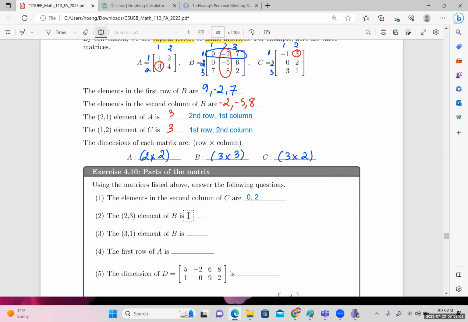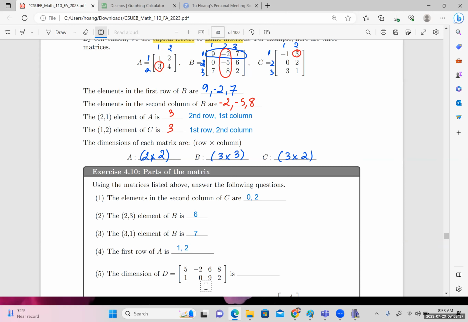And the entry 2, 3 of B: row 2, column 3, that's 6. And then row 3, column 1, that's 7. And the first row of A is going to be 1, 2.